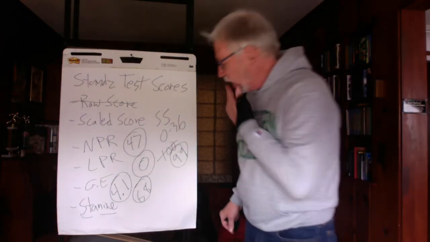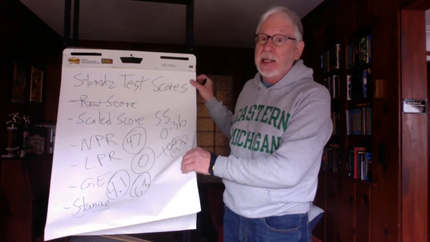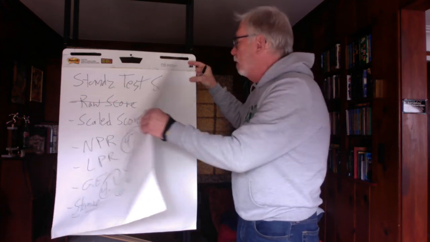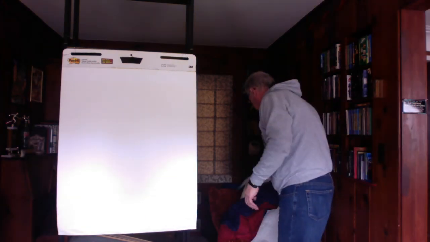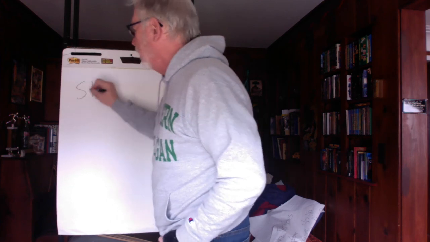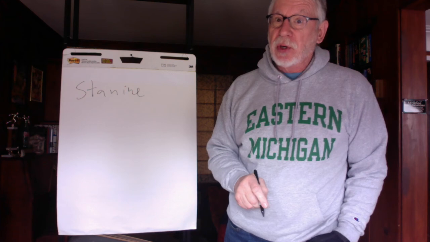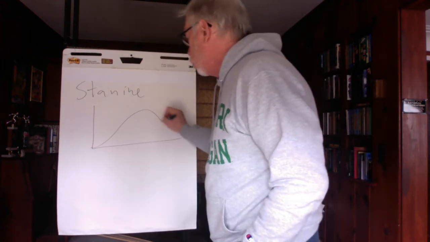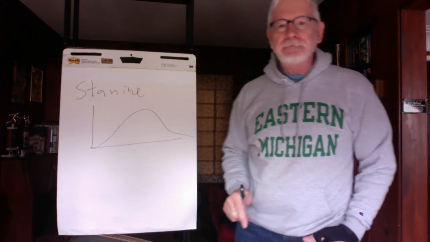Be aware that on that Iowa sheet that you have, I believe it just says NS, National Stanine, but we're just going to call it Stanine. Got to talk about the bell curve here again.